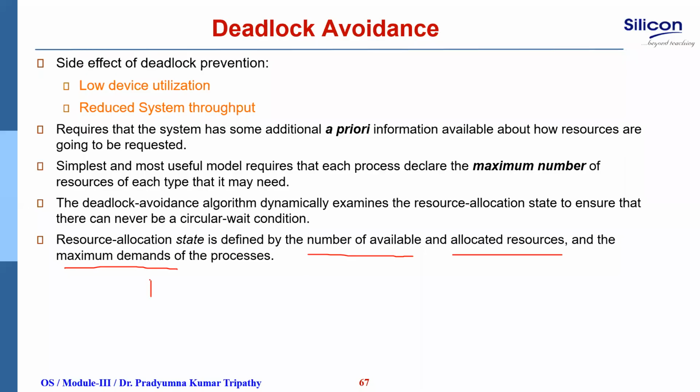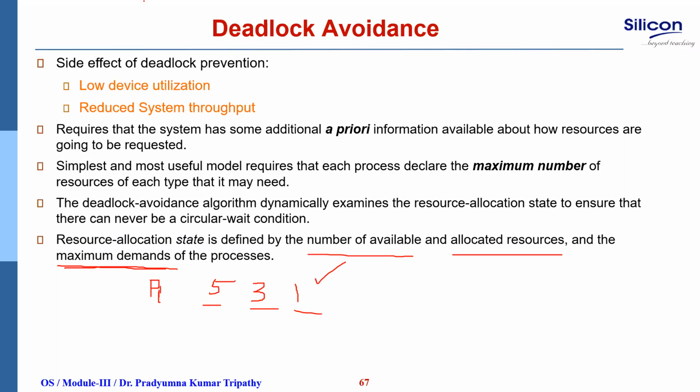Suppose process P1 came. It will say that I need 5 hard disks, 3 bus, and say 1 CPU. It will declare this before execution. This is the maximum demand, that means the process cannot demand more than this.